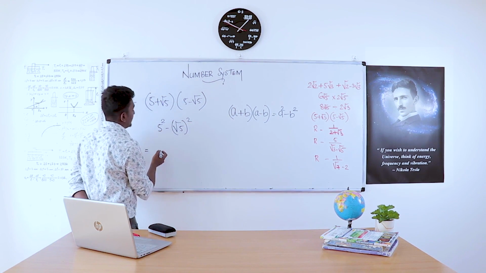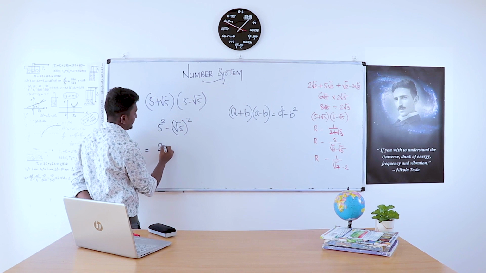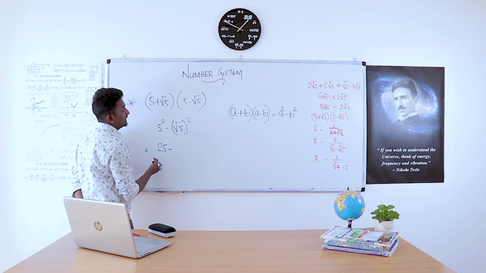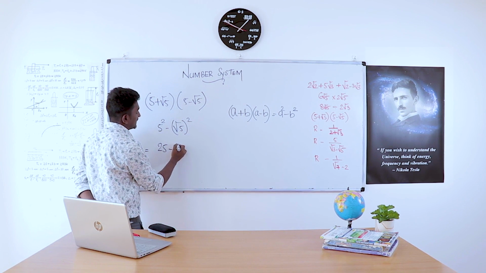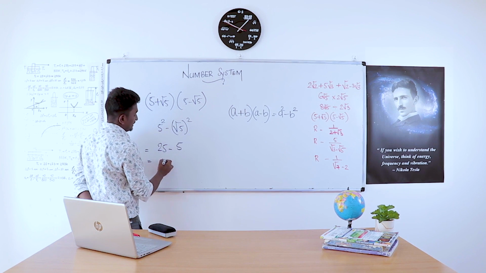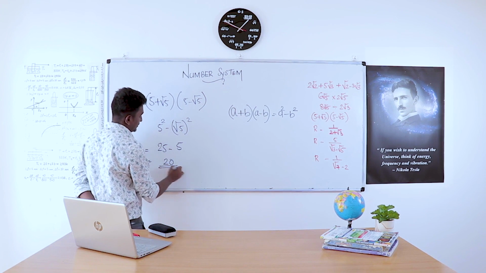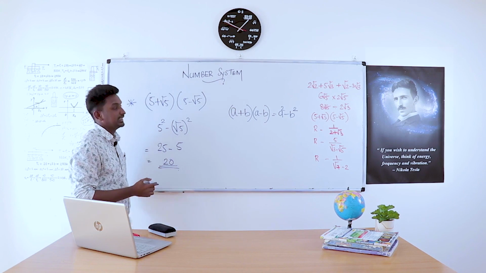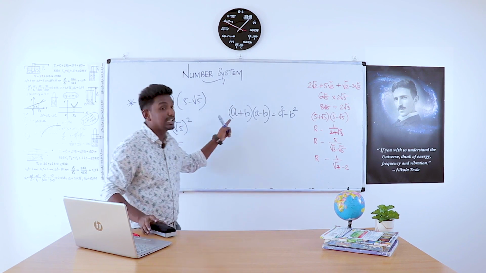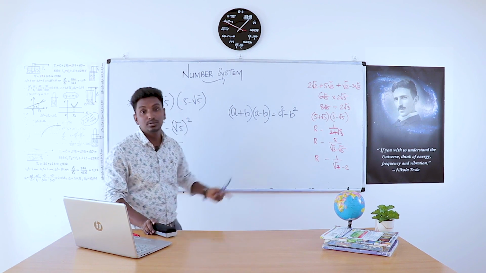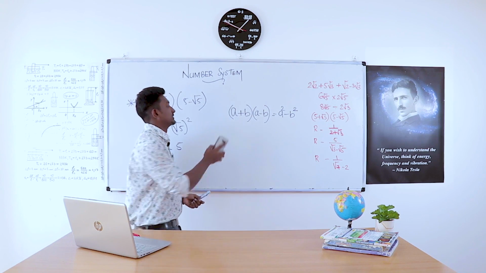That is equal to 5 square is 25 minus root 5 the whole square. Root 5 the whole square is 5. That is 25 minus 5 gives 20. The final answer is 20. Remember the result, a plus b into a minus b is equal to a square minus b square.